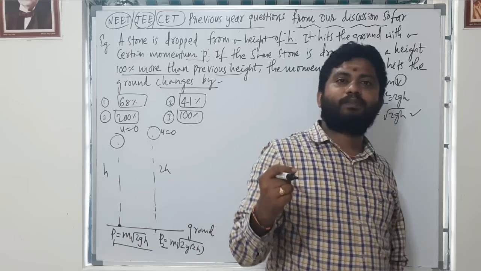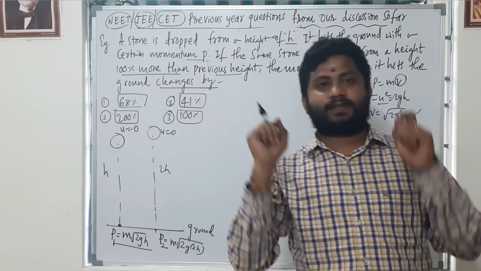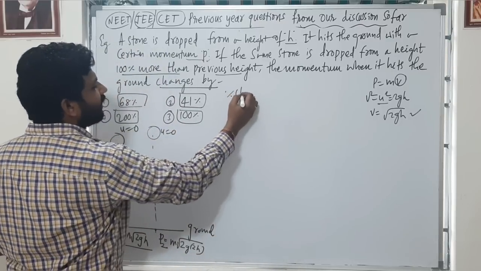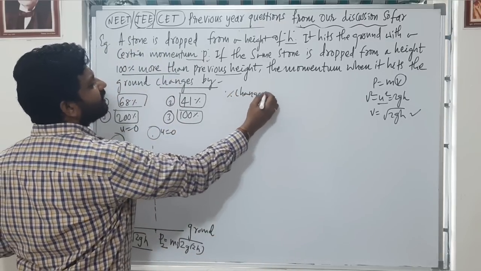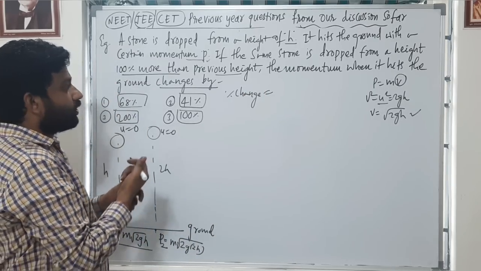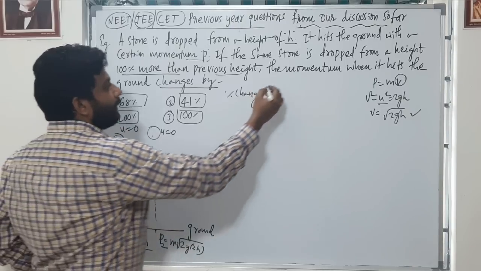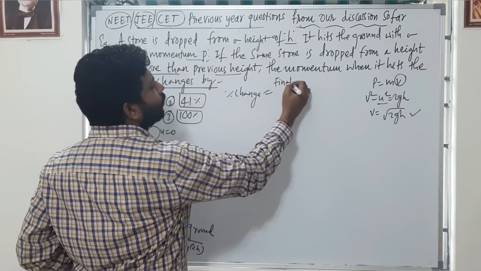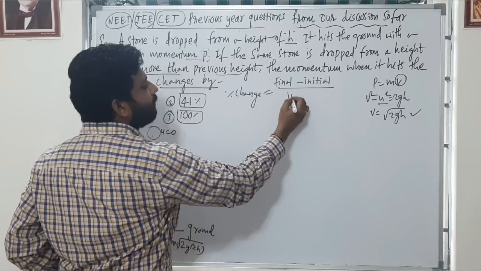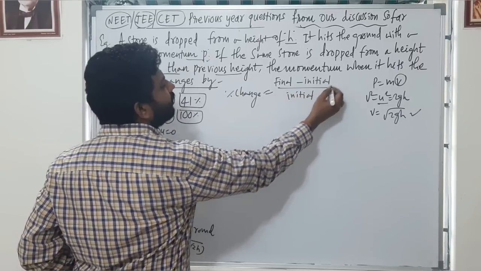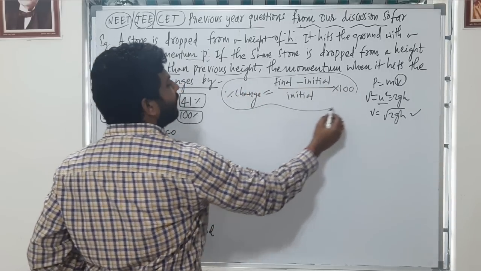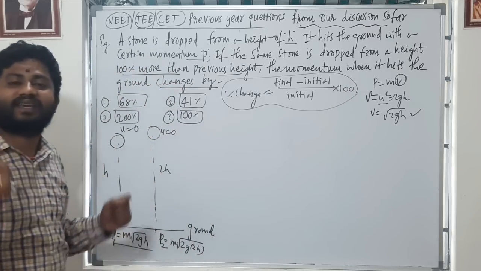Whenever there is a question based on percentage change, how to find the percentage change? I'm just writing here carefully. Percentage change in any physical quantity they are asking, right? So the formula is final value minus initial value divided by initial value into 100.